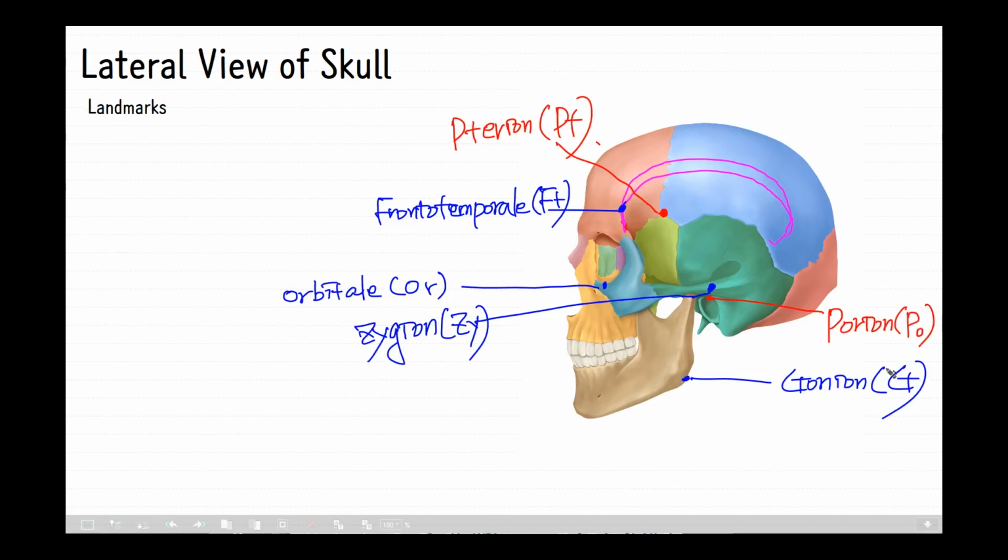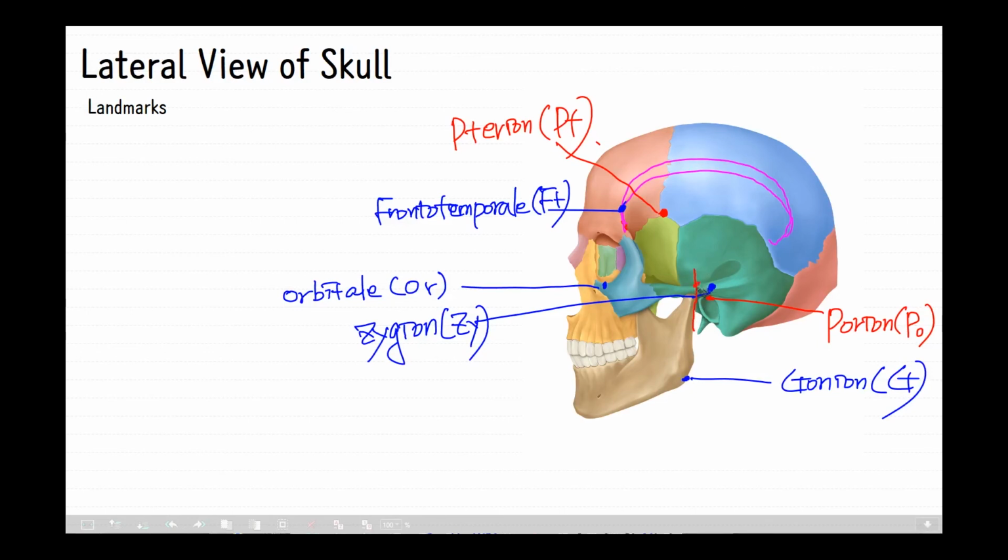And the next one is the auricular. It is a little bit ambiguous point. In cephalometrics, it is the point of intersection of the external dorsal contour of the mandibular condyle, this line, and the intersection of this line with the temporal bone.